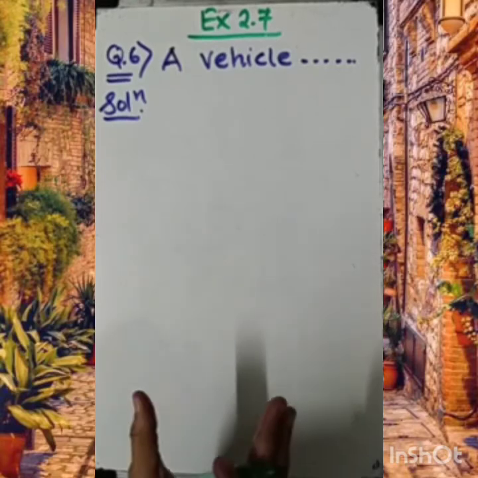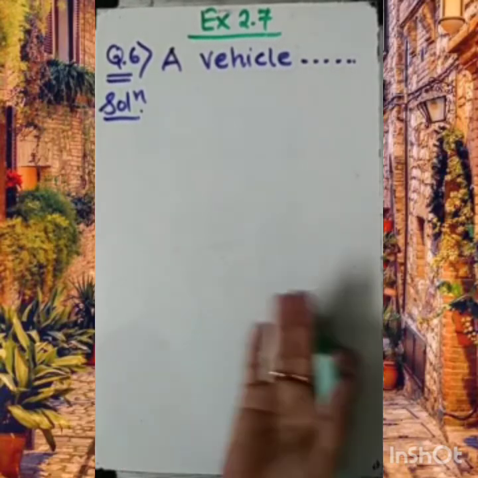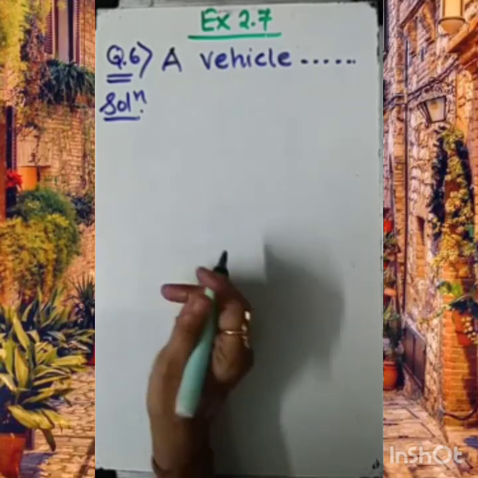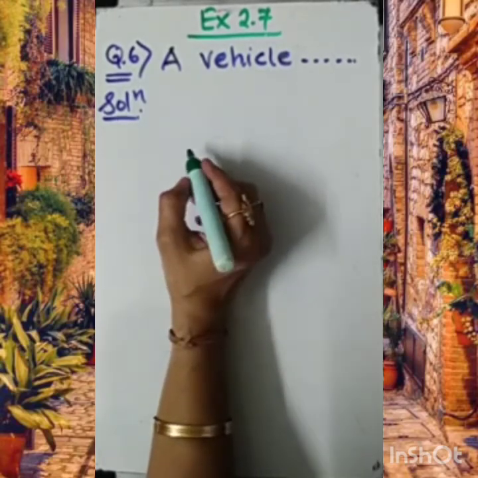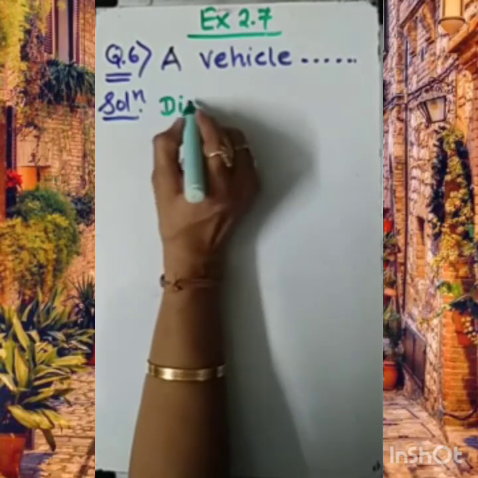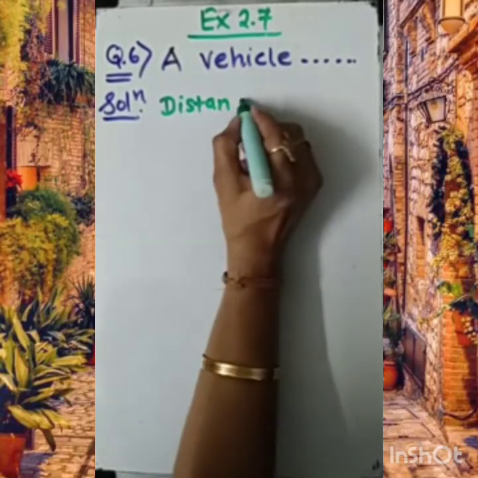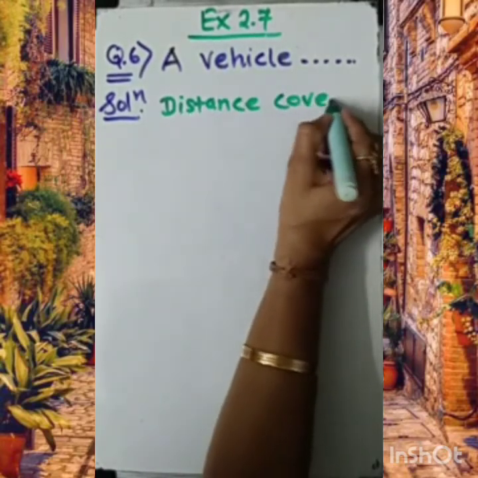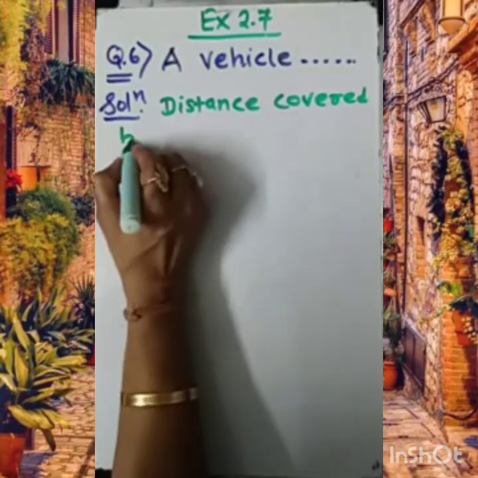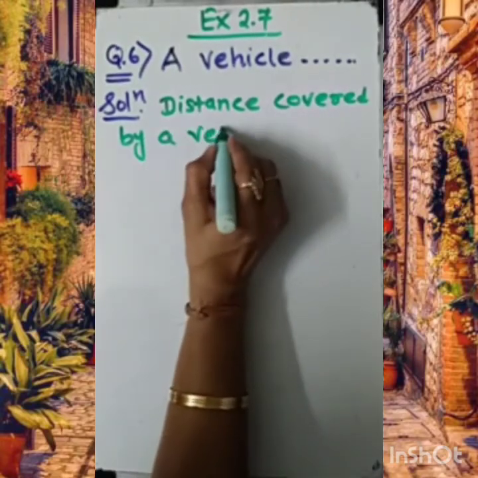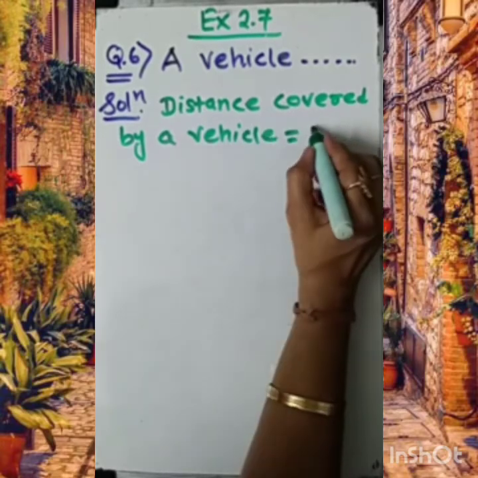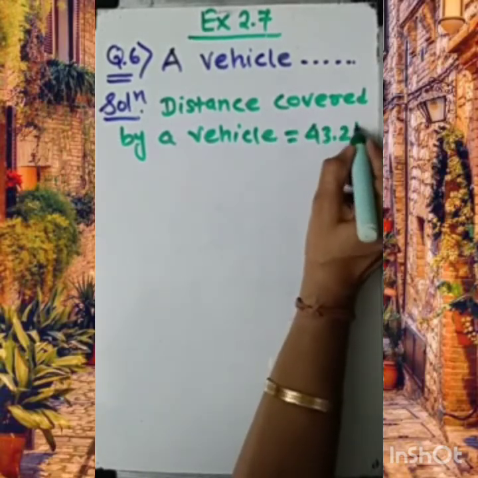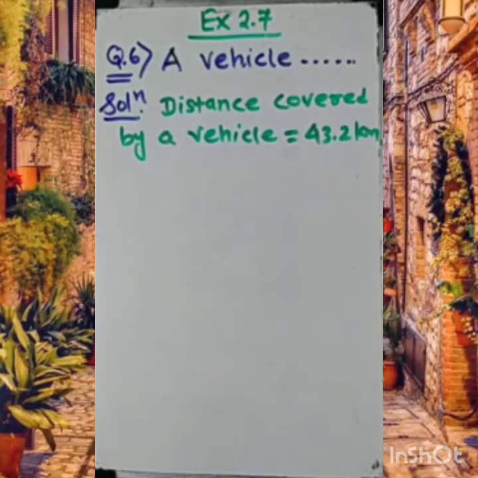First of all, we need to mention what we are given in the question. In the question, we are given that a vehicle covers the distance of this. So we need to mention the distance covered by a vehicle. That is, we are given 43.2 kilometers. Got it?